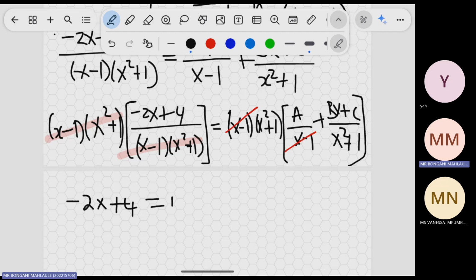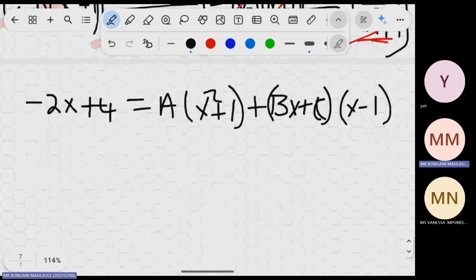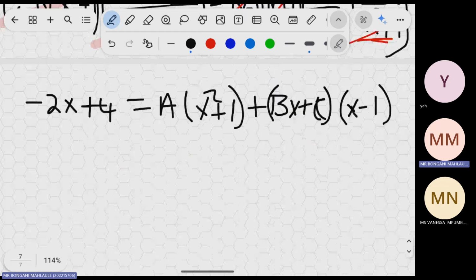You will be left with A times x squared plus 1. Then when we come to this one, you will be left with plus Bx plus C. Then this one will cancel with this one, so we'll be left with x minus 1. Hope you all understand up to now.